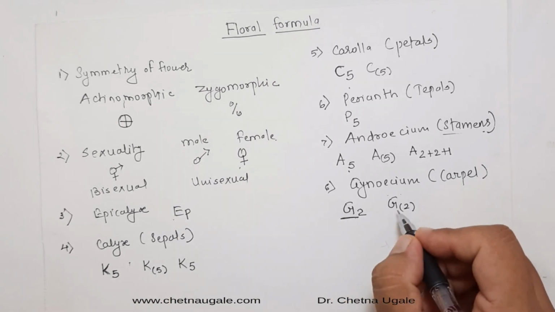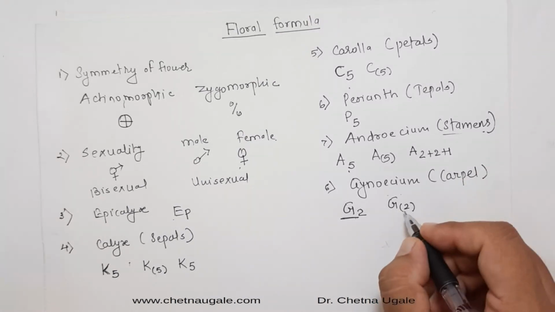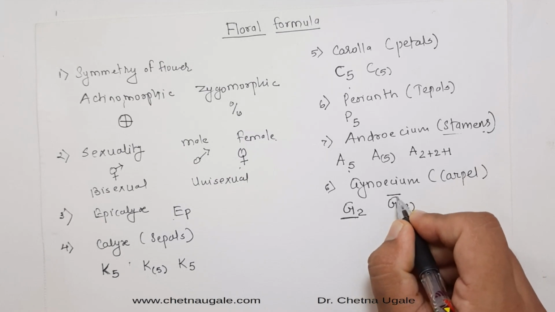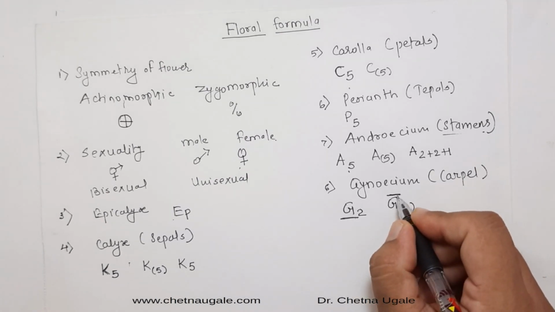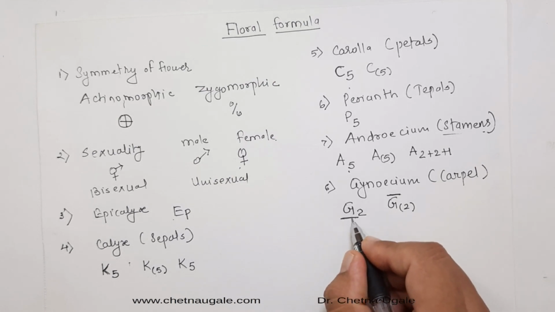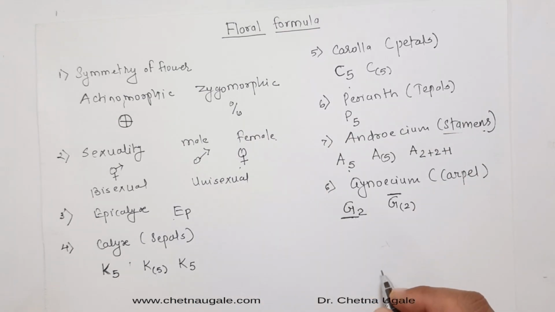And if the flower is epigynous and the ovary is inferior, then the line is drawn above the G, which represents that the ovary is inferior, while the underline represents that the ovary is superior. So these are the parts of the floral formula.